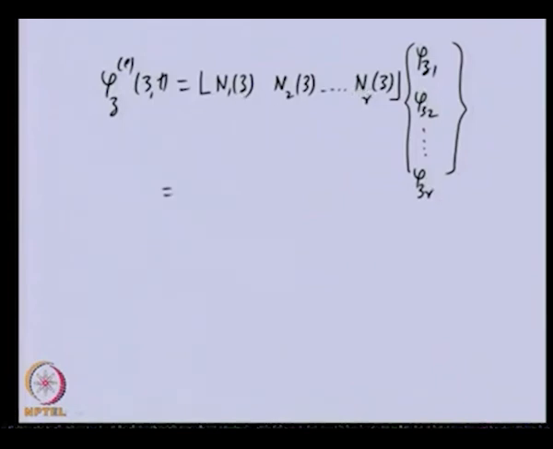And in a more compact form we can write this as N, this is for the nodes. You can see these field variables are defined at nodes, node 1 to the rth node.